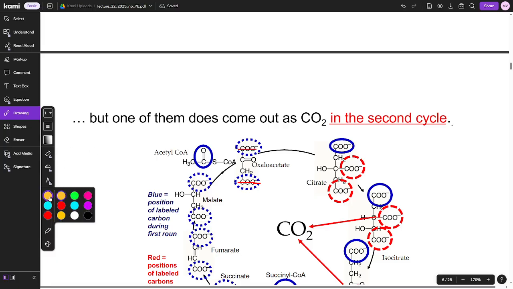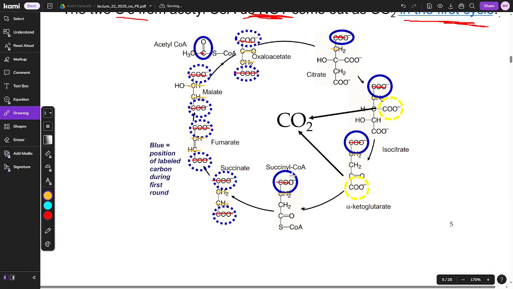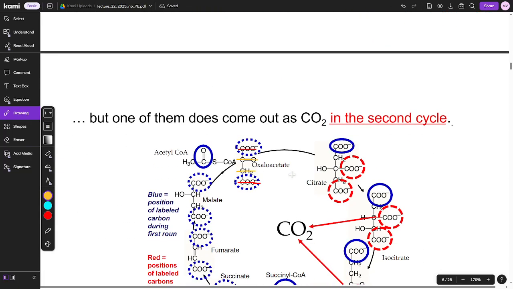I've got my orange. And so now when my next acetyl-CoA comes in, I'm going to mark this in green. These two carbons. Actually, I'll mark that one a different color as well. This green, this purple.